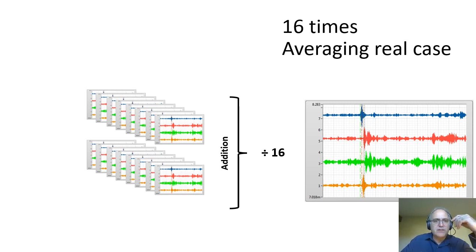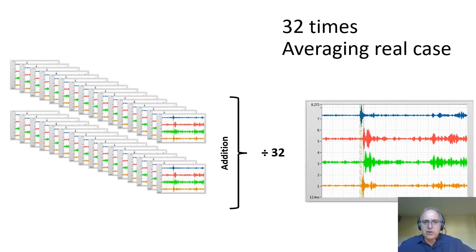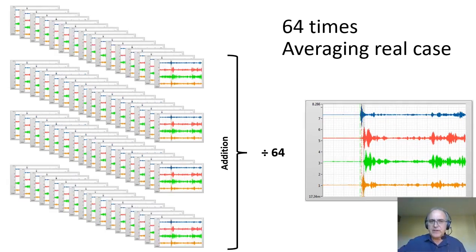This is a real example of 16. If we take 16 measurements, we add them together and we divide by 16. So we take 16 acquisitions, 16 different cycles, and we divide by 16. This is what we get. But if we take more, 32, the noise gets lower. What we're looking for remains the same, and this is 64.